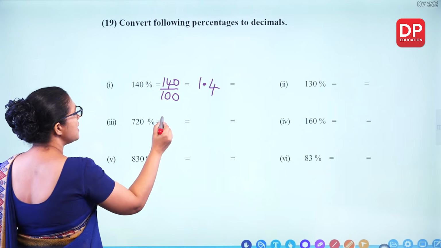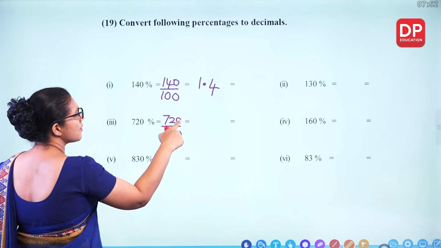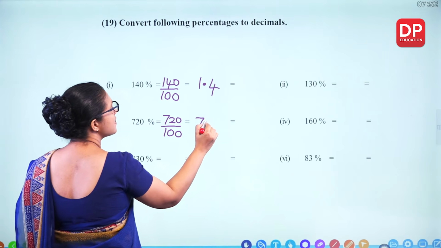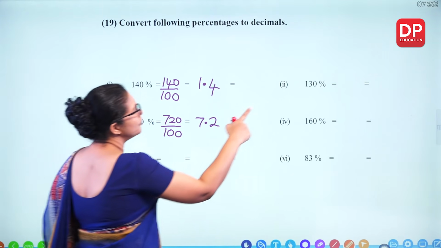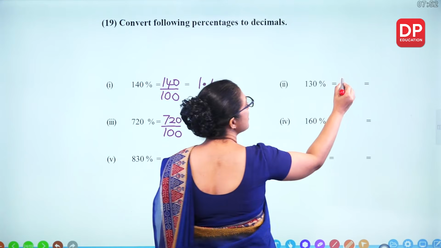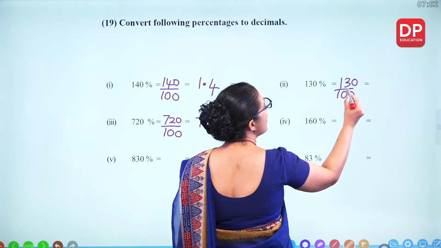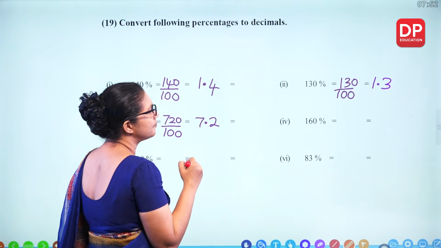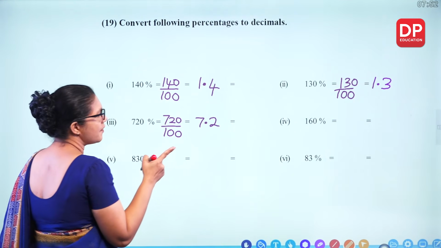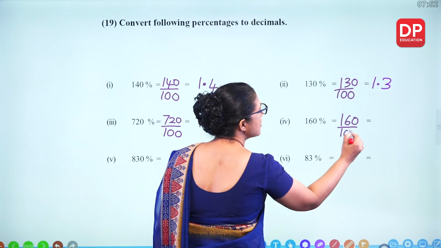720% means 720 over 100. Divide by 100, you get 7.2. 130%. 130 over 100. Divide by 100, you get 1.3. 160%. 160 over 100.